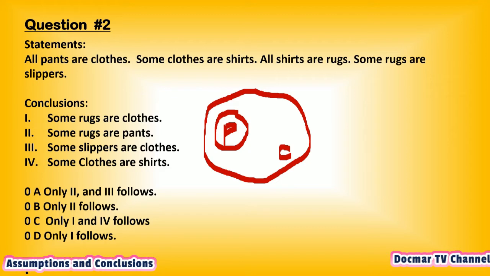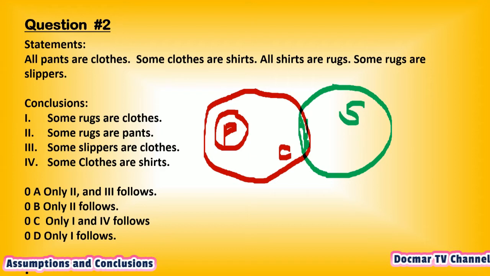Some clothes are shirts. So this is clothes, and some of the clothes are shirts. So these are the shirts. What is the intersection of clothes and shirts? So this is S. All shirts are rugs.